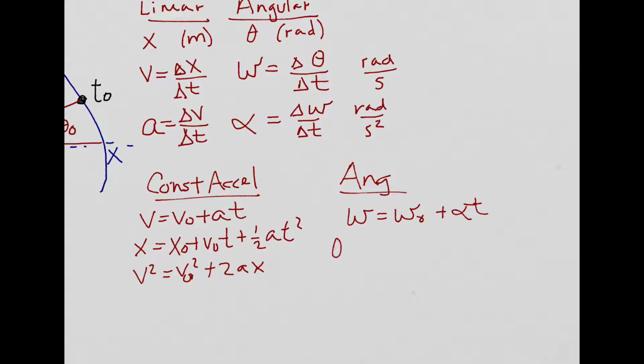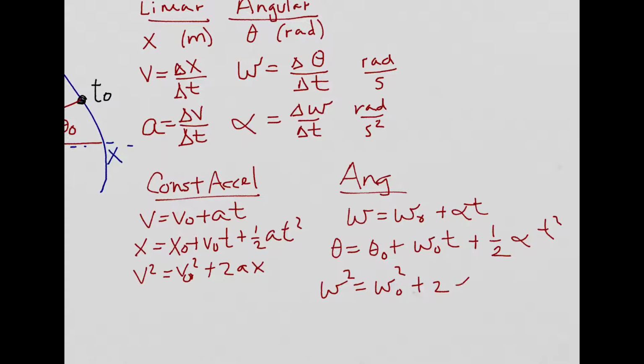My position theta equals my initial position theta 0 plus the initial angular velocity times t plus 1/2 alpha t squared. And lastly, my angular velocity squared equals my initial angular velocity squared plus 2 alpha delta theta. So everything you know about linear motion, you now know about rotational motion. And that really makes it easy.